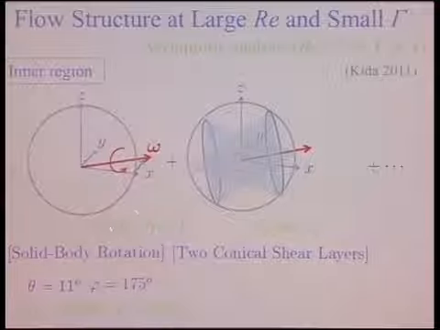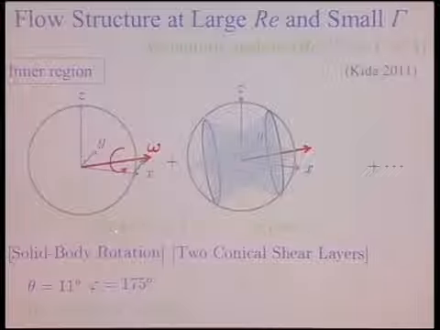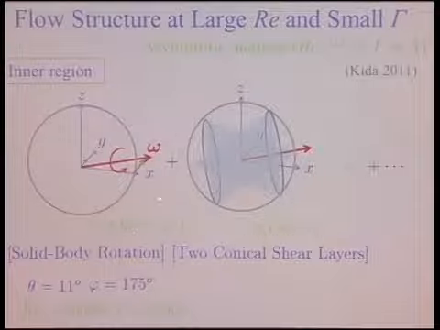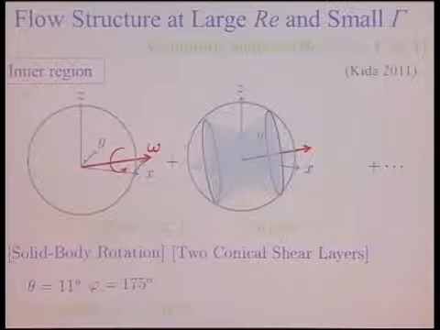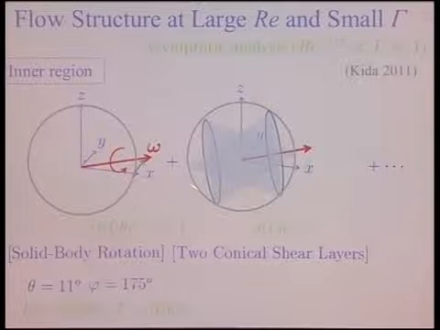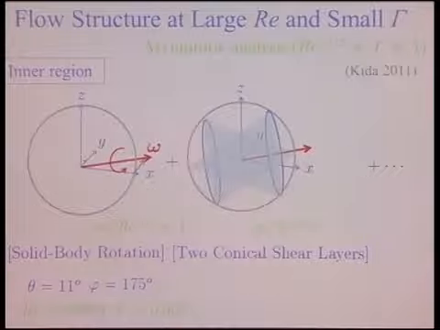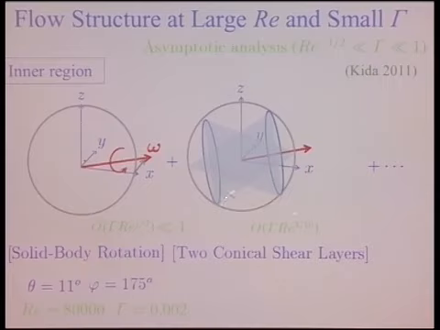That is of order gamma times Reynolds number squared. By this assumption, this is small. So the leading order solid body rotation is inclined by a small angle from the x-axis. X is the spin axis. Z is the precession axis.